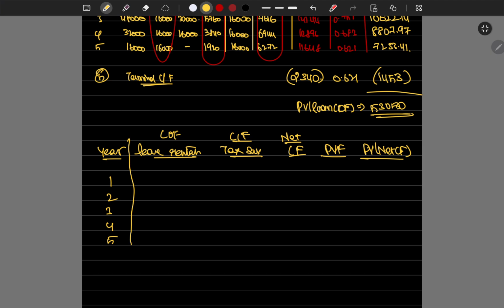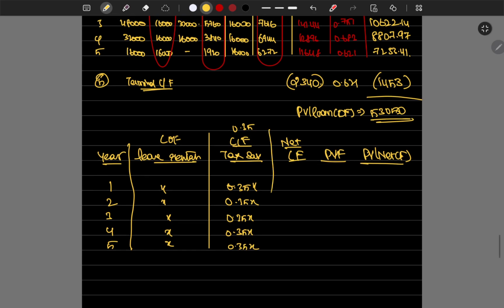Lease rentals we don't know, so call it x. Then tax savings is 0.35x each year. Net cash outflow is 1x minus 0.35x, which is 0.65x each year.